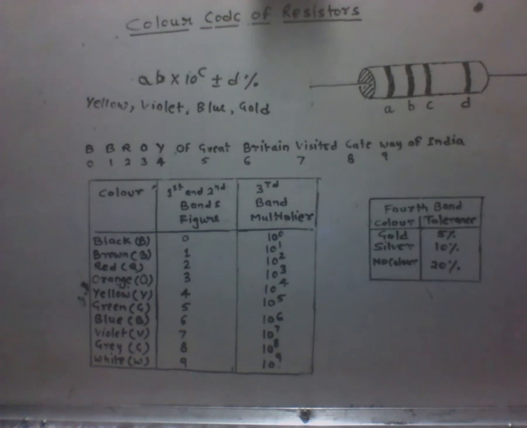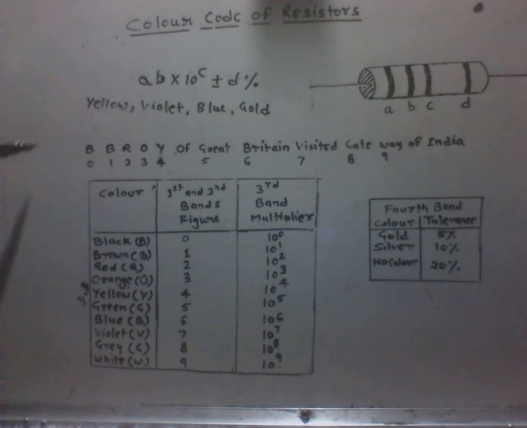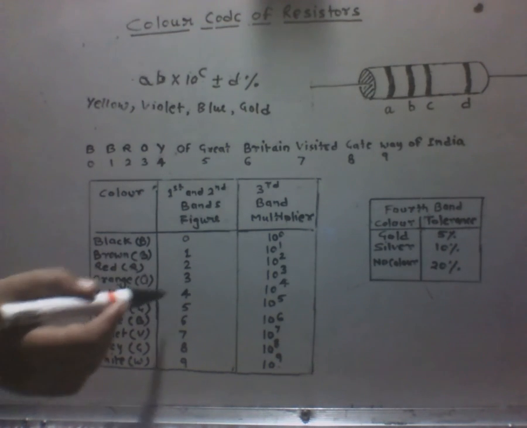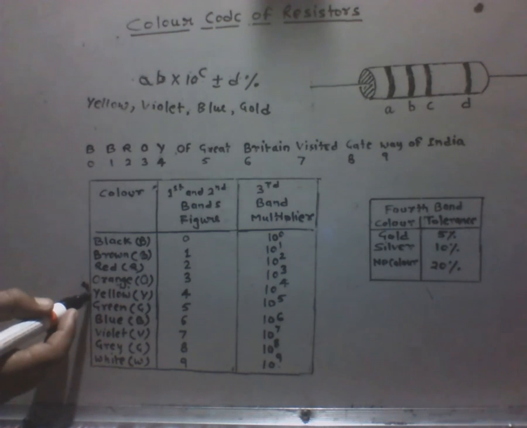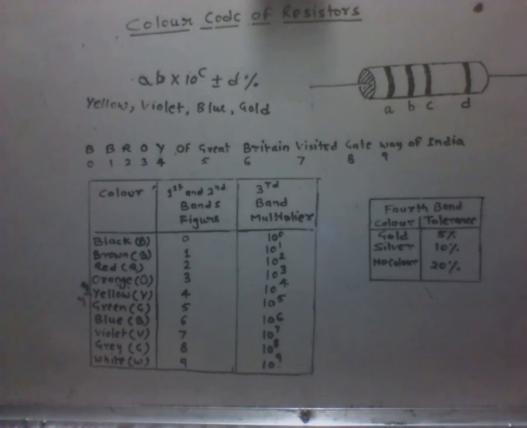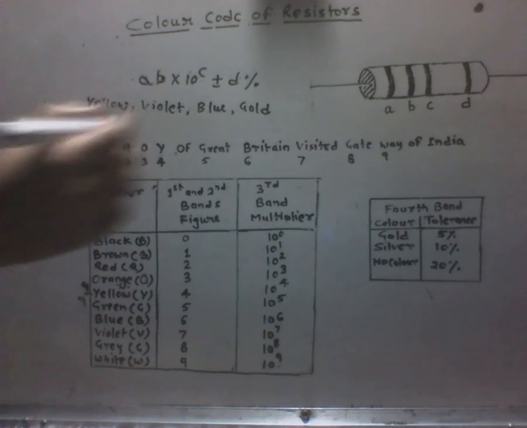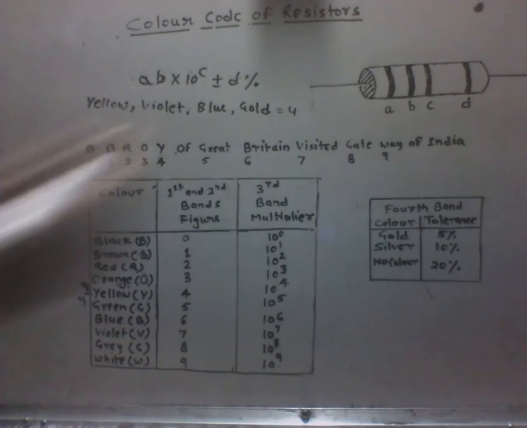Now here our first color is yellow, and the value of yellow stands for 4. You can see here the value of yellow is 4. So the value of A is 4.